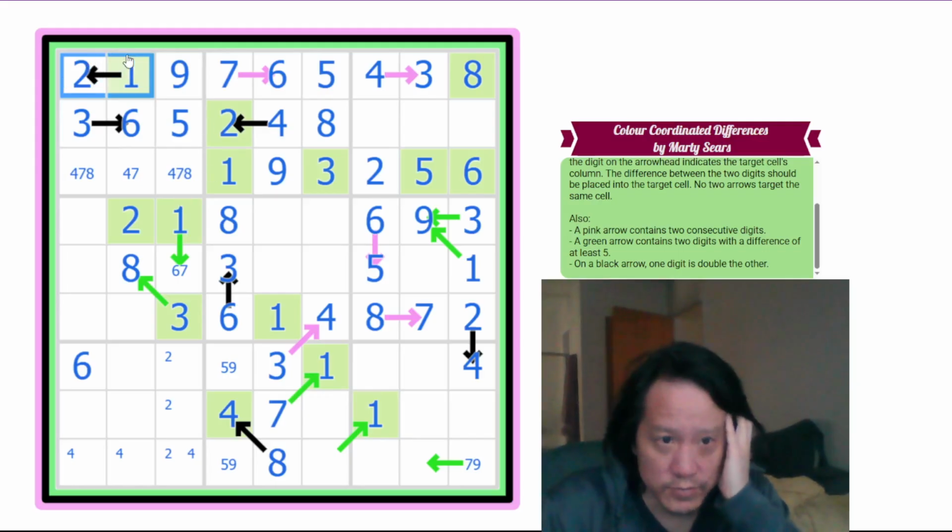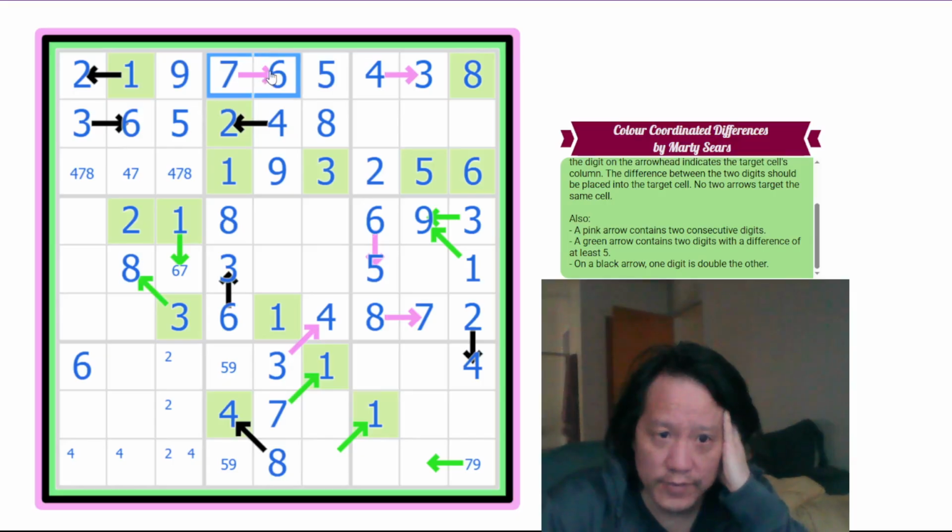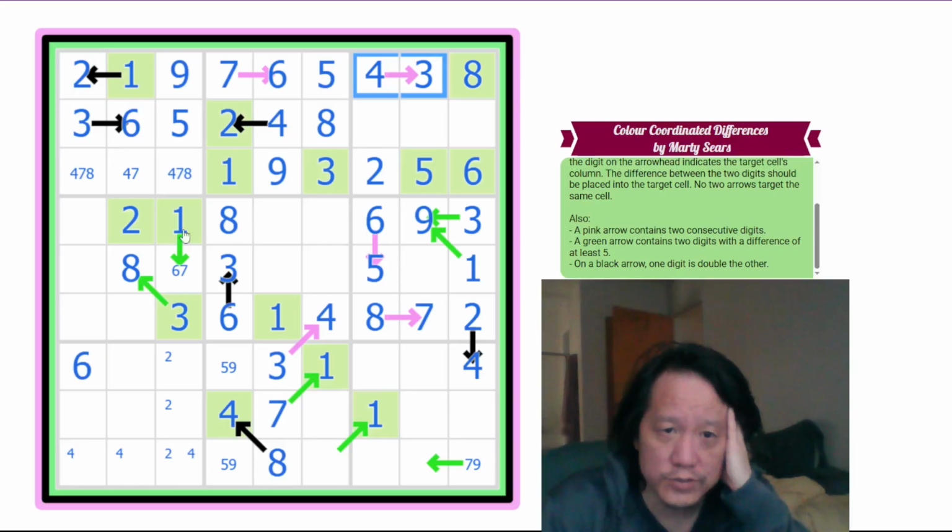1, 2 points to here. 7, 6 points to here. 4, 3 points to a 1 here. 3, 6 points to 3 here. 4, 2 points to 2 here. 1 we don't know.